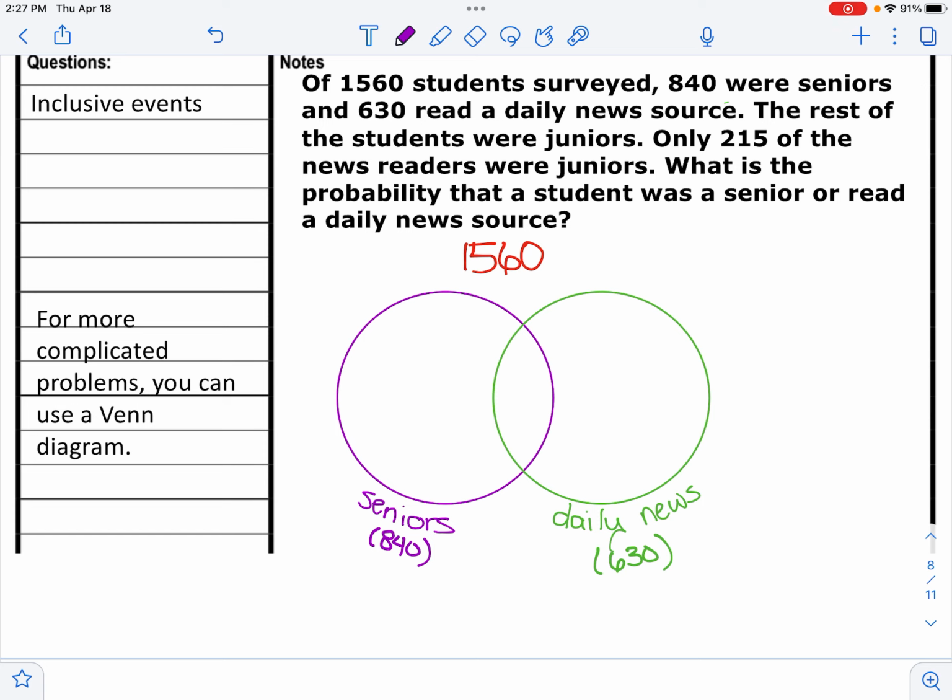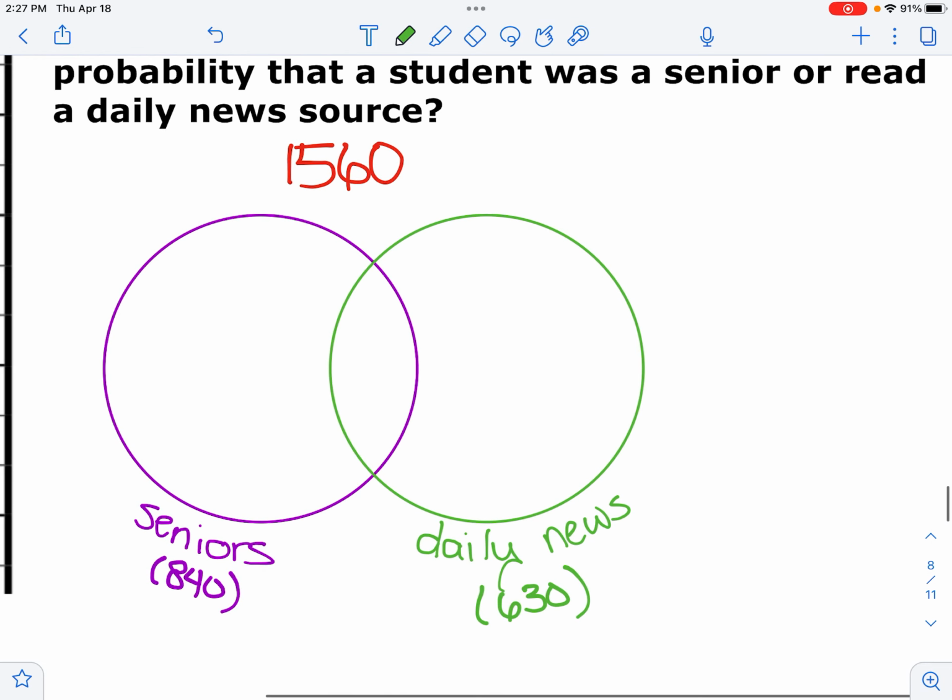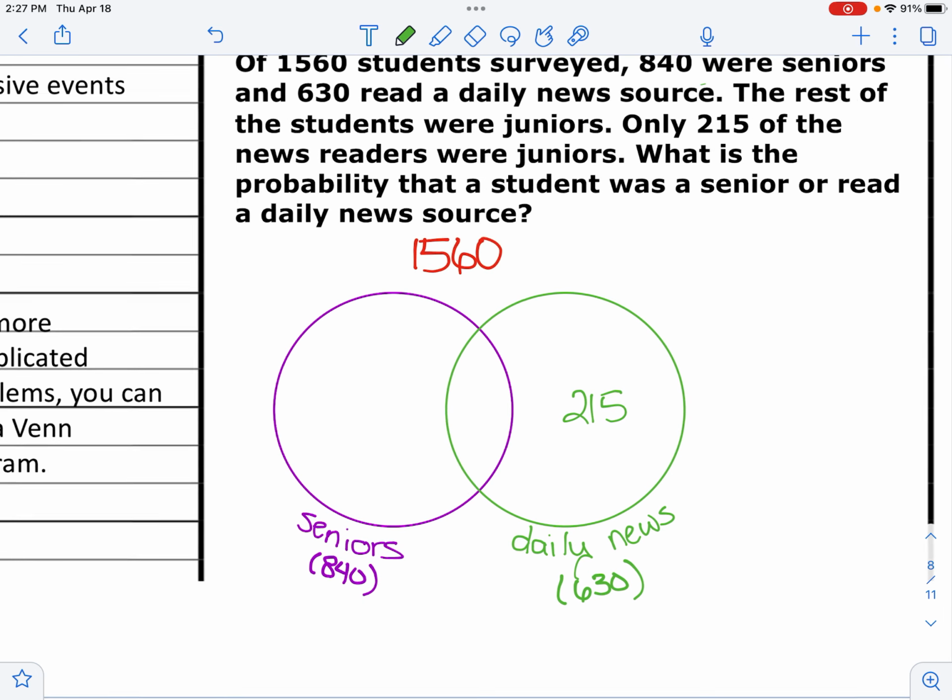Now, only 215 of the news readers were juniors. So if you weren't a senior, then you're a junior in this poll. So that means 215 have to be in just this section here. They can't be in this part because that's where they're seniors and daily news readers. But if they're just a junior, then they would be there.